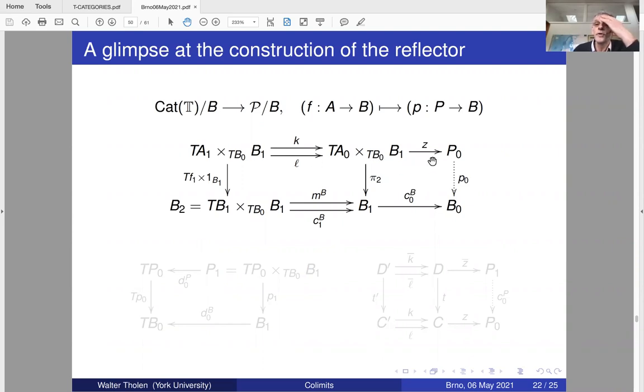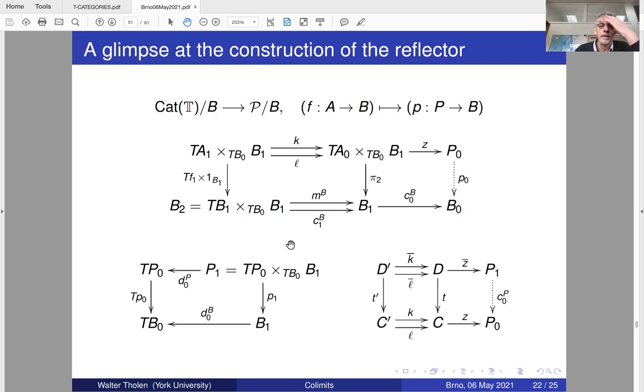And then you form the co-equalizer and get the object. Now the next part is still fairly easy. You have no choice how to form the set of morphisms, because you want to have a discrete cofibration. So you have to define it as a pullback.